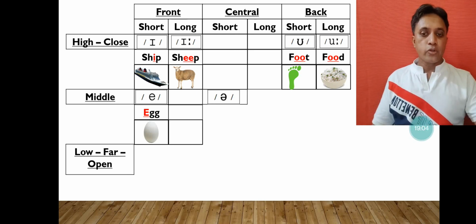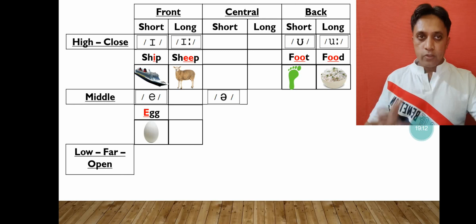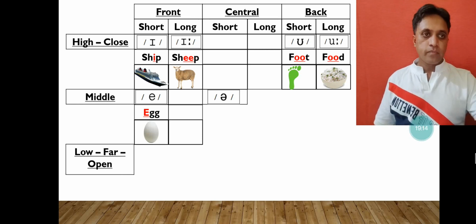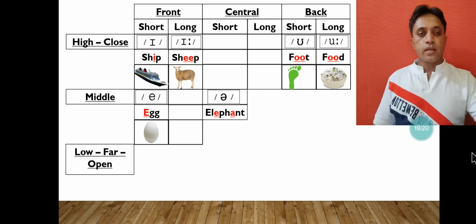They remain in their neutral position, and it's called a schwa sound, and it is the weakest of all single vowels. Like elephant, elephant. The sound letters are highlighted in red color, and we have this sound 2 times in this word, after L and after H.